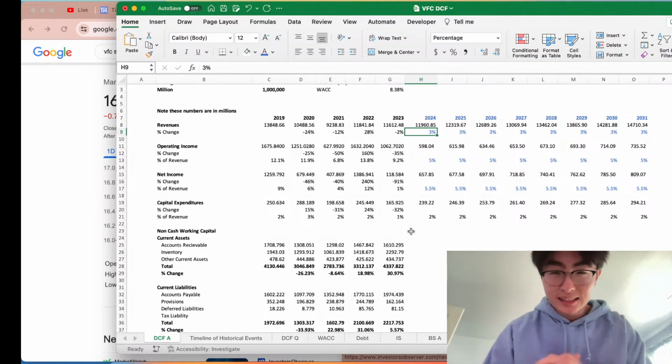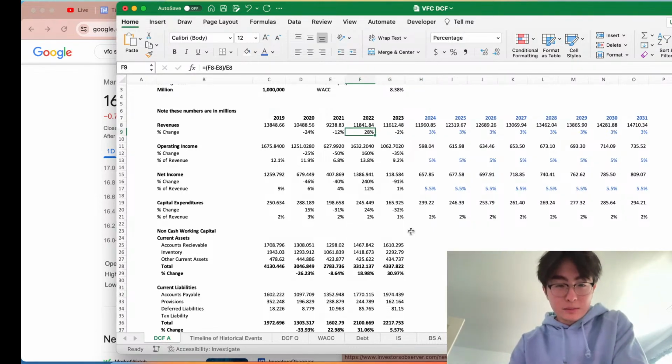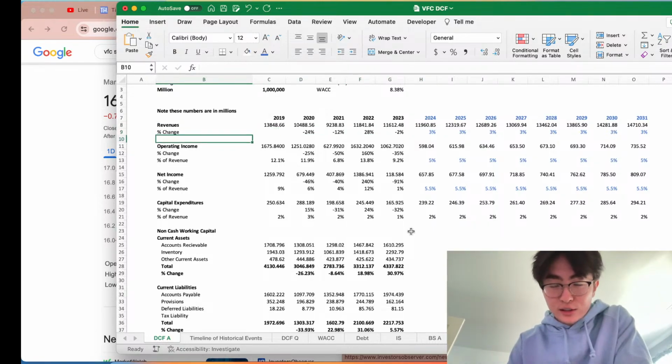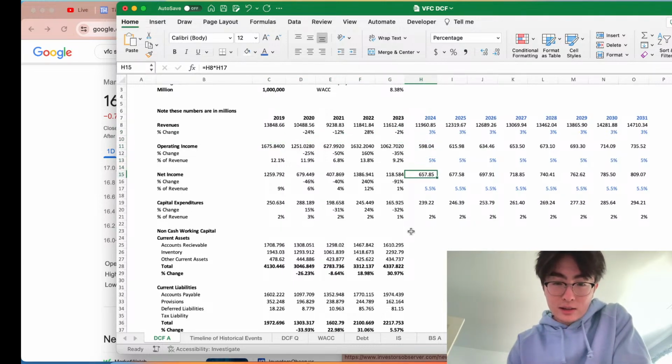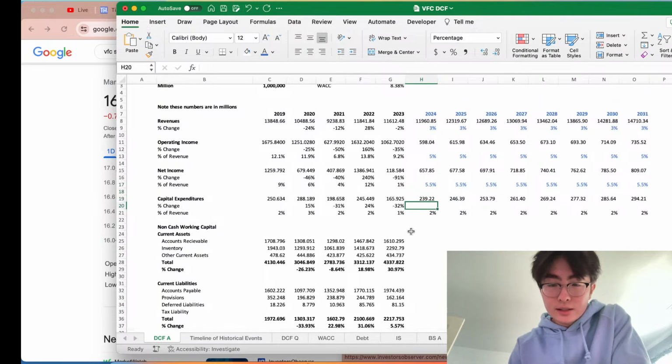But I'm excited because I finally got some stuff done. Although this is a very simplified model, just playing around with some of the assumptions, assuming constant growth and all these different years. This is interesting.